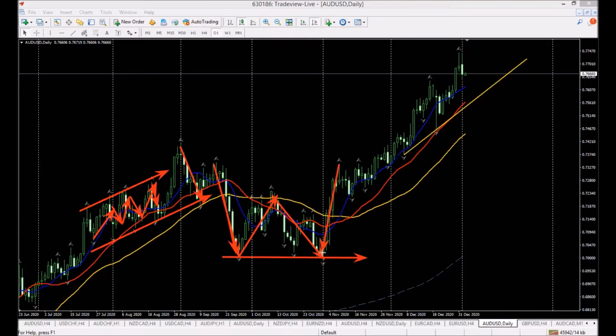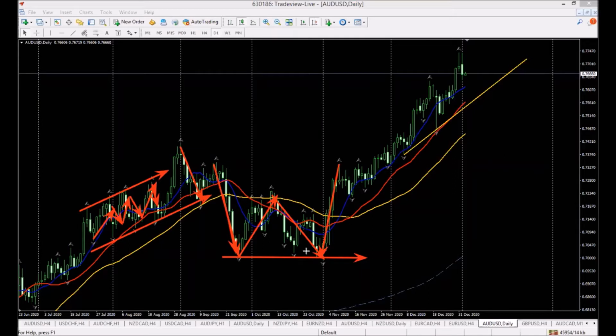We get that W formation here, right? You can see it so clearly, can't you? I think on the New Zealand dollar, it's an M formation. These are typically reversal patterns. So the W would be at the bottom of a trend to go long. The M would be at the top of a trend to go short.